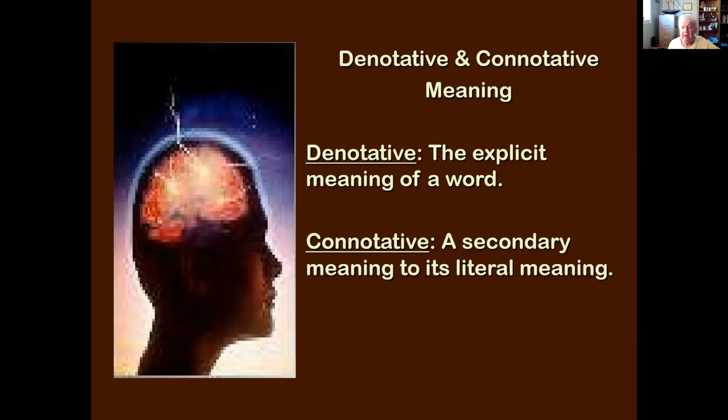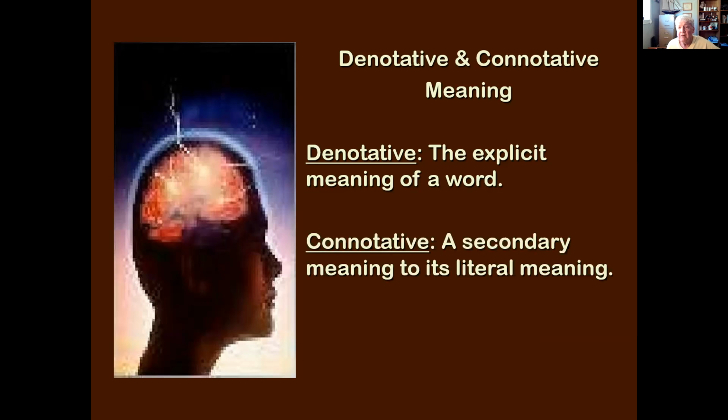However, we can have connotative, a secondary meaning to its literal meaning. For instance, years and years ago, I'll use a word, and this is not to be derogatory, but to make a point. Back in the 1970s, the word gay meant happy, to be happy. Oh, I feel so gay today.